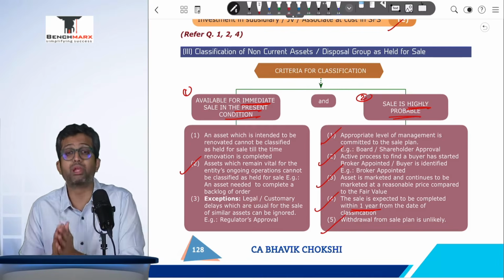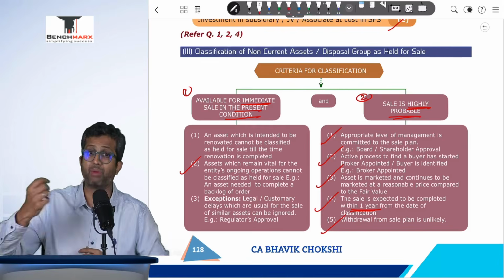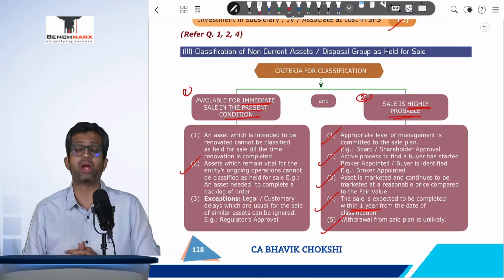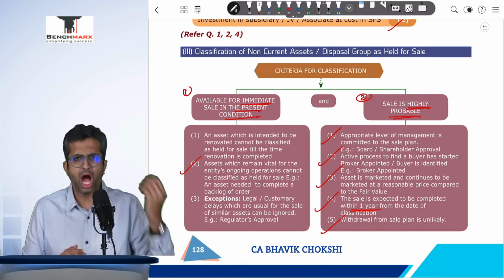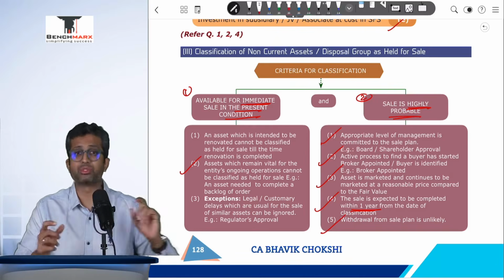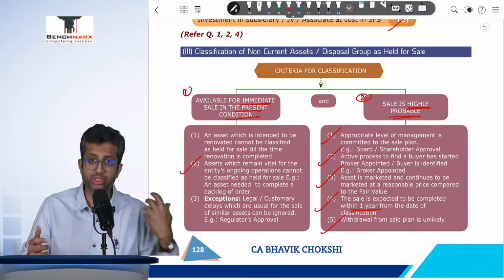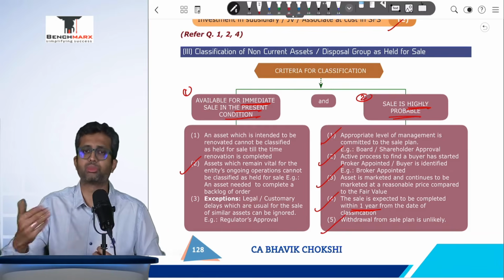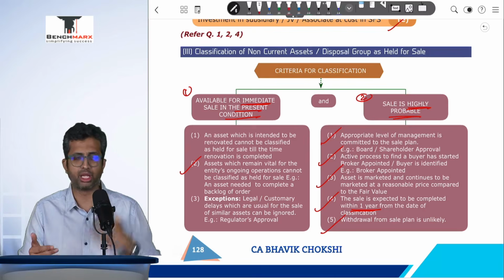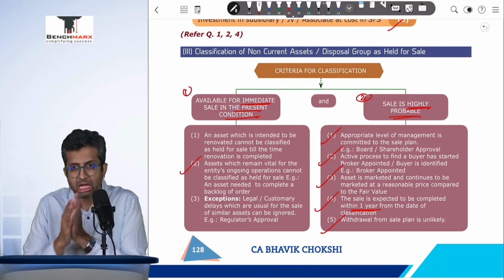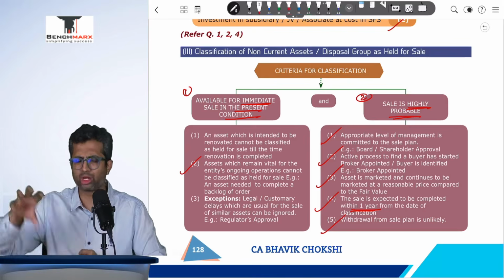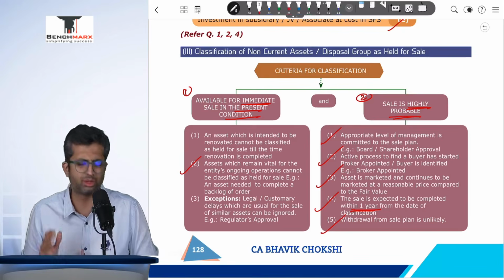So it should be available for immediate sale in the present condition. So if a buyer comes, I should be ready to immediately sell it. However, the exception to this is that sometimes there may be legal or customary delays. Legal delays would be delays like, for example, a regulator's approval which is pending, or you have customary delays like a due diligence pending, or there's a tenant over there to whom you have to give a notice period.